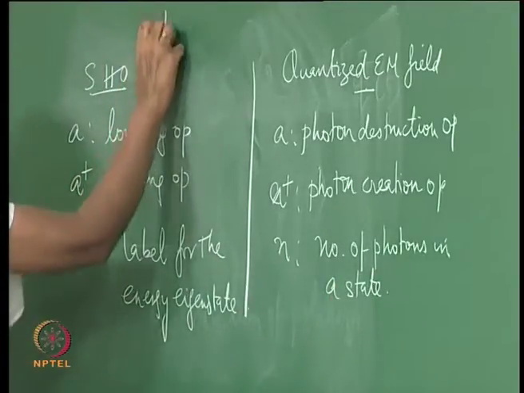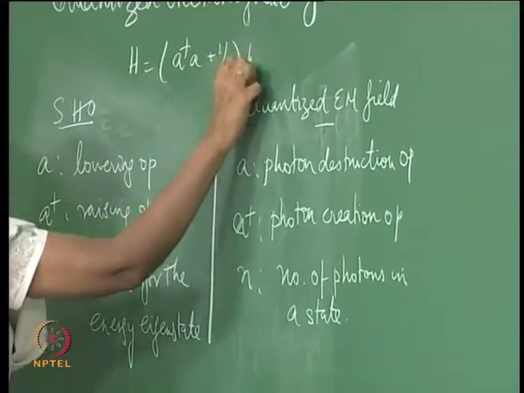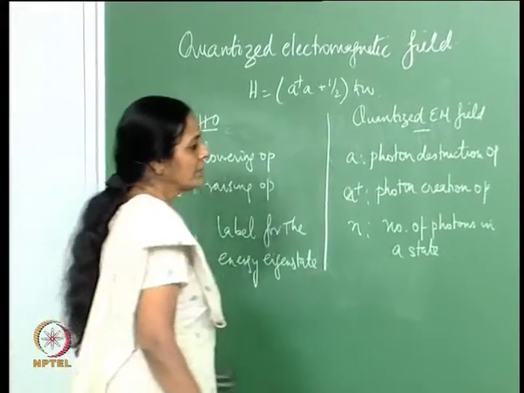The Hamiltonian in both cases is simply A dagger A plus half h cross omega. So, this is the mapping that we are interested in.